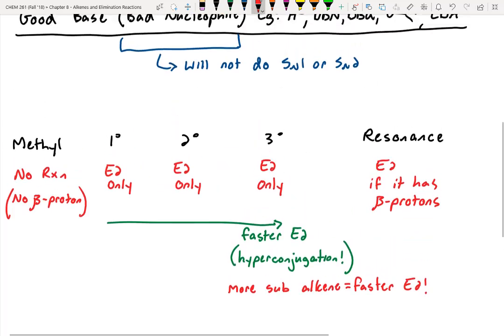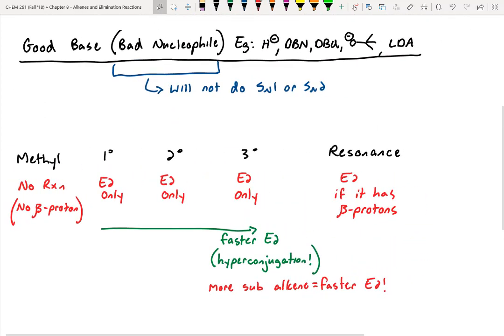All right. I did want to talk briefly about the E1 competition. There's going to be no E1 because E2 will outcompete it. Does anybody know the why behind that?